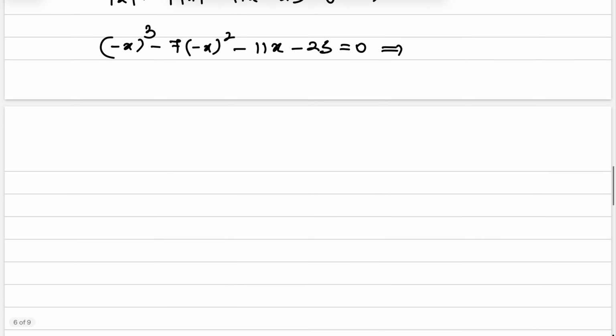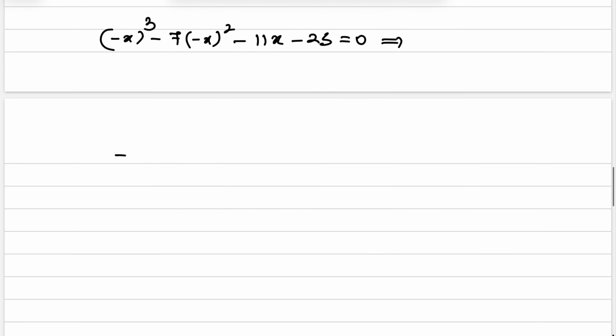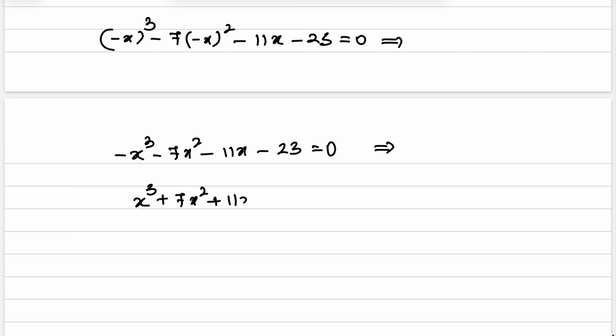What will be the equation now? Minus x cube minus 7x square minus 11x minus 23 is equal to 0. When you multiply the whole equation by minus 1, x cube plus 7x square plus 11x plus 23 is equal to 0.